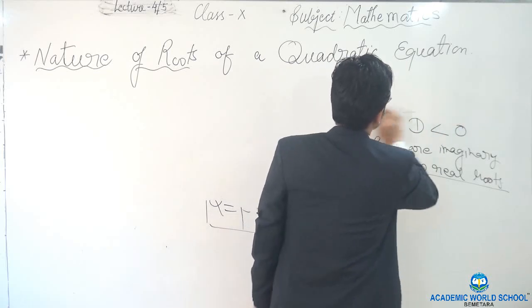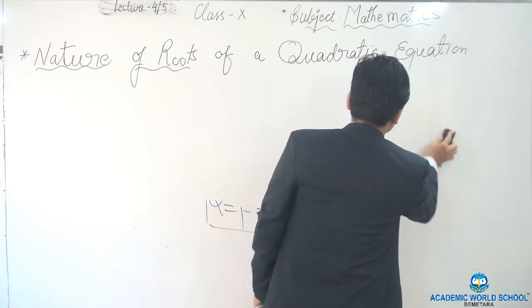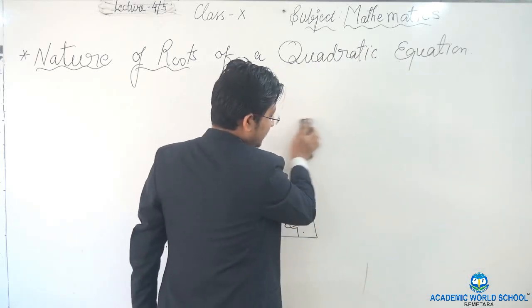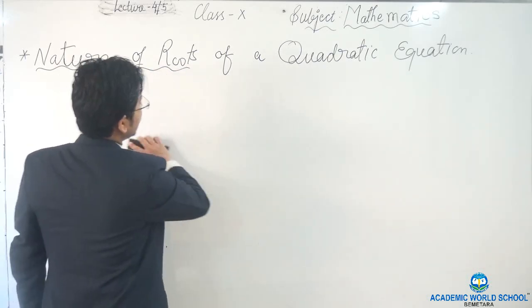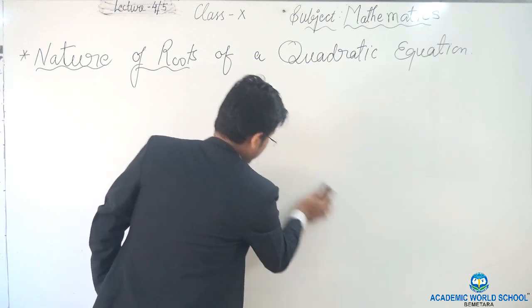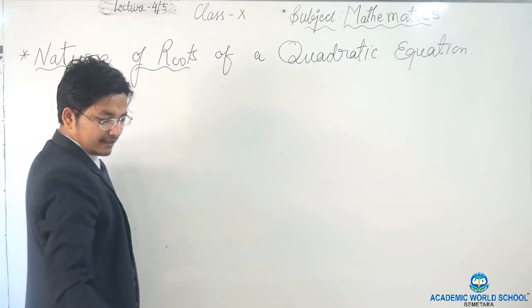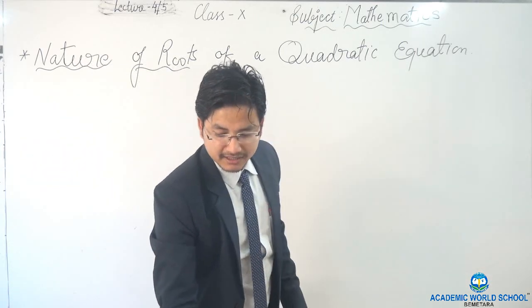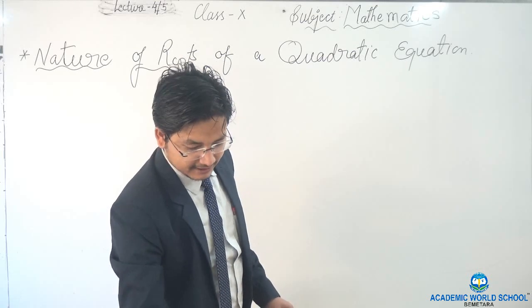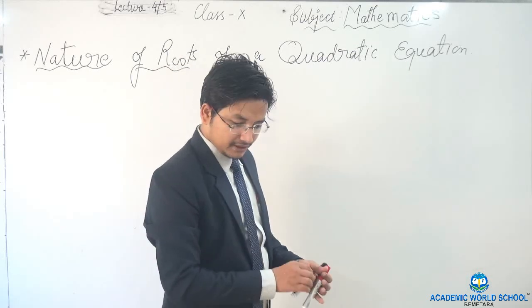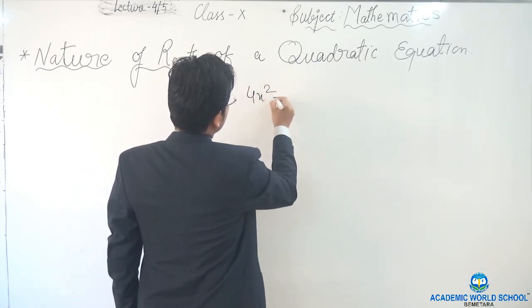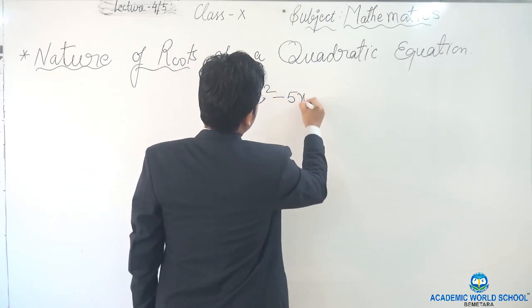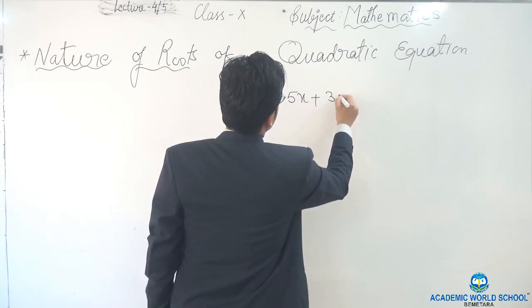What we have to do is find the value of capital D, the discriminant. On the basis of its value we can say whether roots are imaginary or real. Let's say we have the question 4x square minus 5x plus 3 is equal to 0.